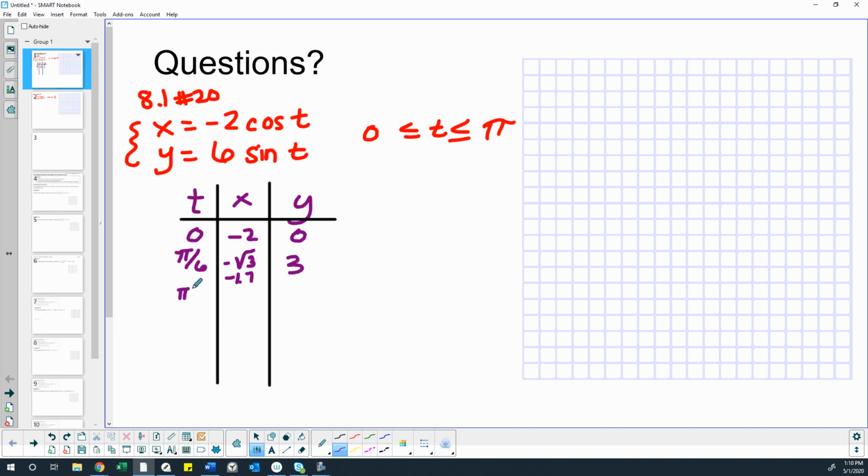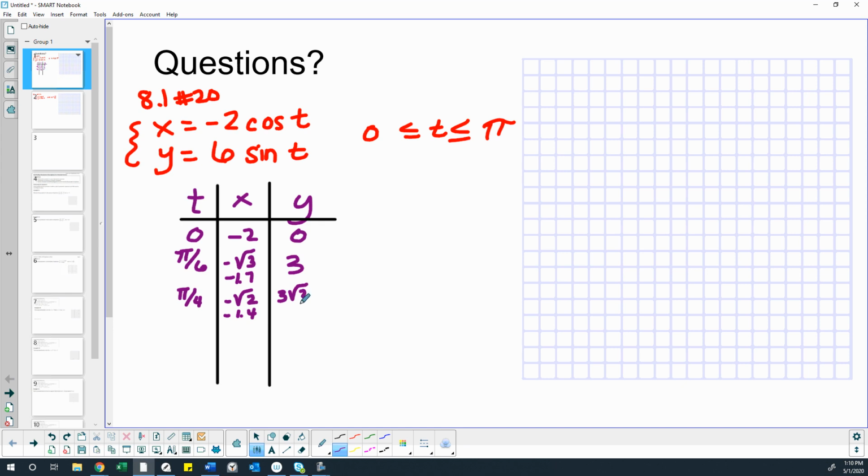Then if we do pi over 4, we would have negative 2 times square root of 2 over 2, so that would be negative square root of 2, which is 1.4, I think. You guys aren't verifying, so I hope I'm right. I'm just going from memory. Then the sine is square root of 2 over 2, so 2 goes into 6 3 times, so 3 square root 2.